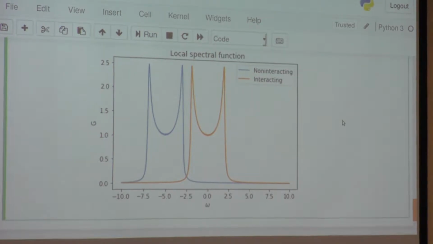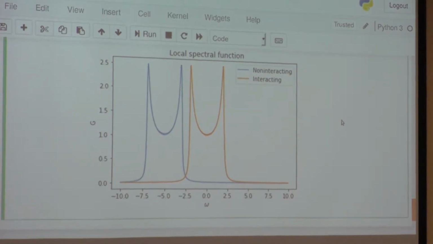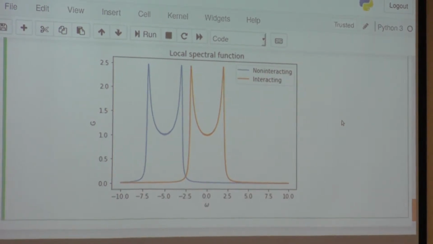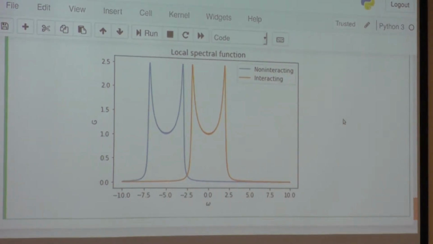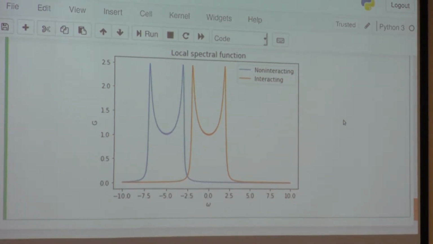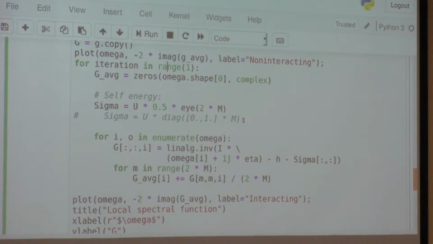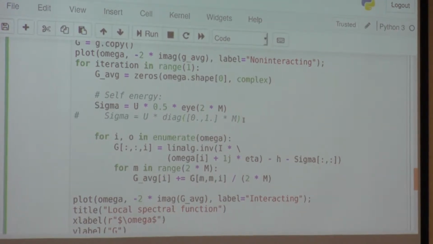But I can say for a moment, hold on. I know that a Hubbard model with a big U is actually going to end up being an antiferromagnet, right? So what I should really be doing is putting, say, the odd sites at spin up and the even sites at spin down. This would be a better guess for my occupation, at least for very large U. So we can guess that as our self-energy, and that's this line over here.